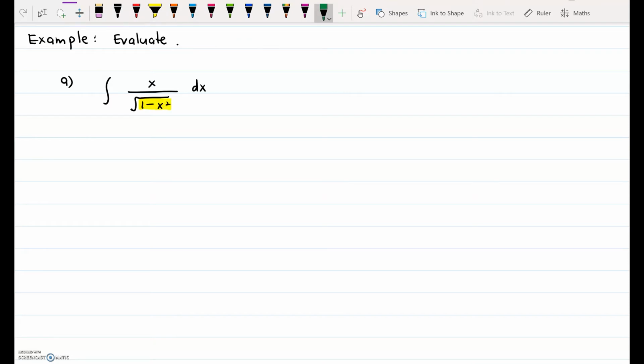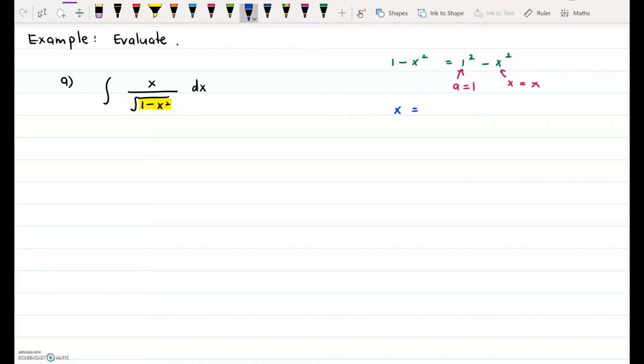If we write it as a perfect square, 1 minus x squared is 1 squared minus x squared, which means here your a is 1 and your x is x. Then your x will be a sine theta.